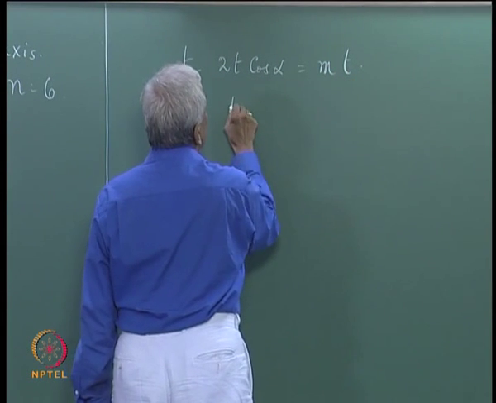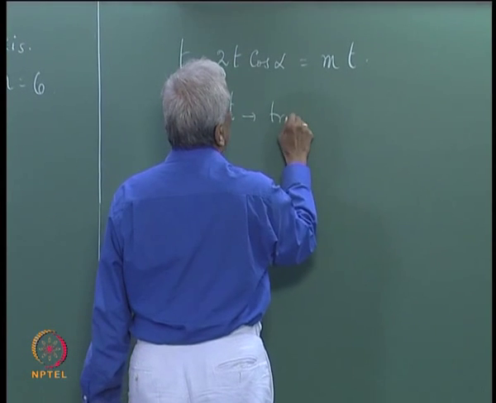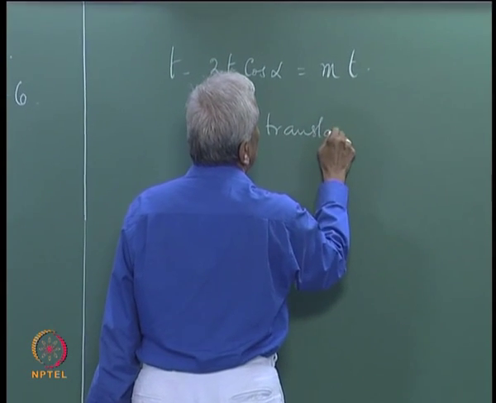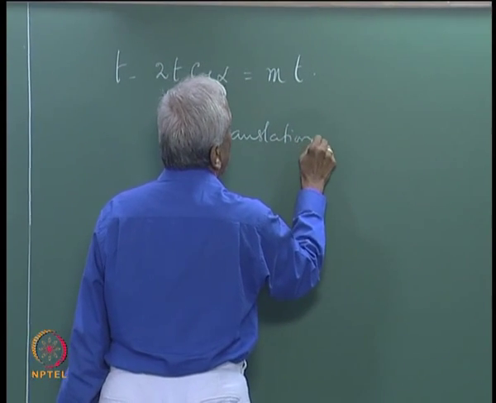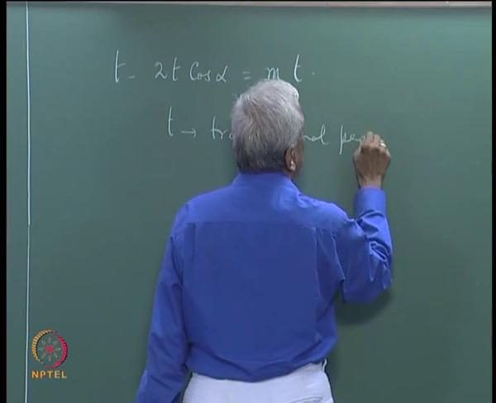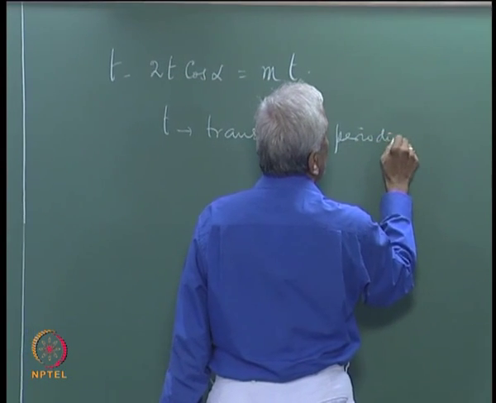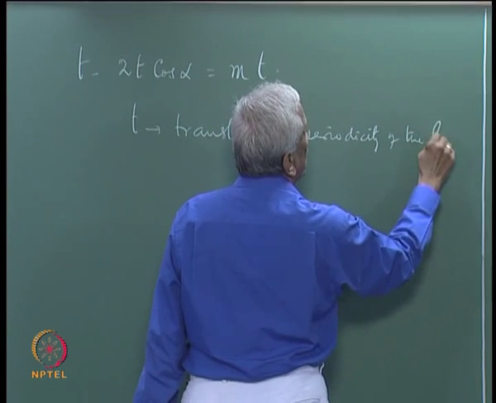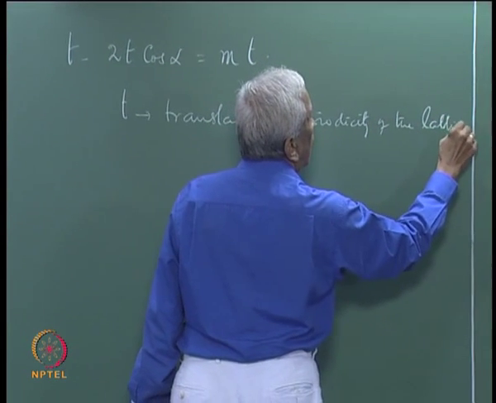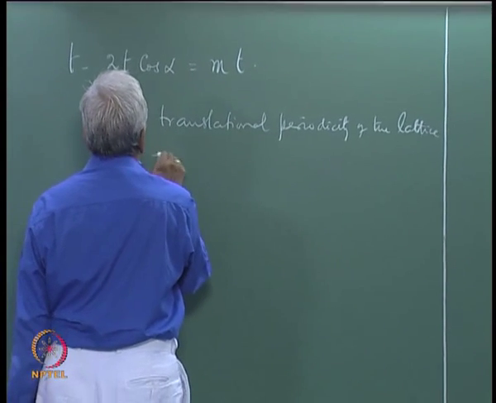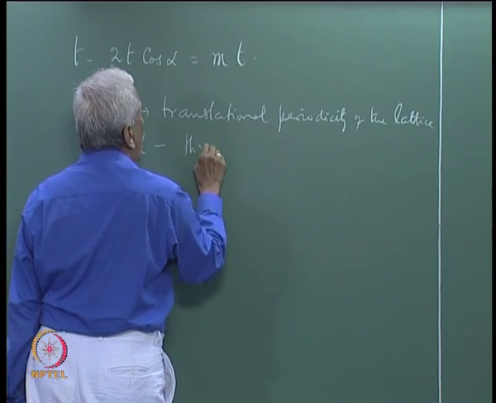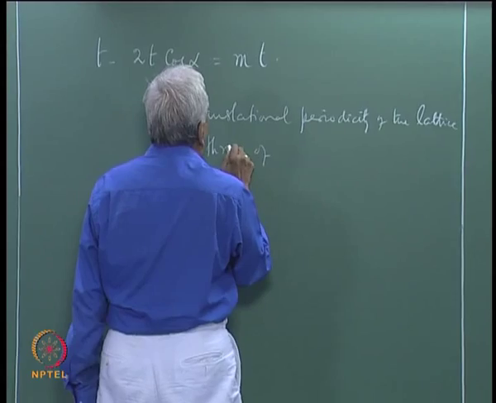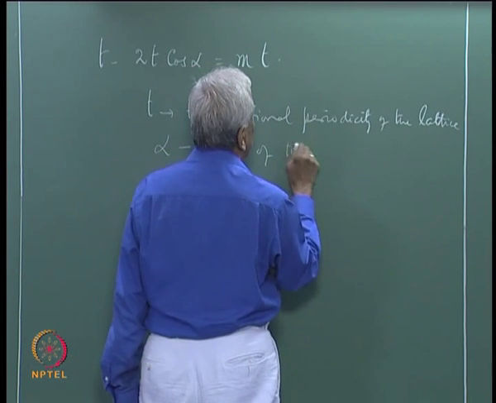T is the translation component in the translational periodicity of the lattice, and alpha is the angle through the rotation axis.